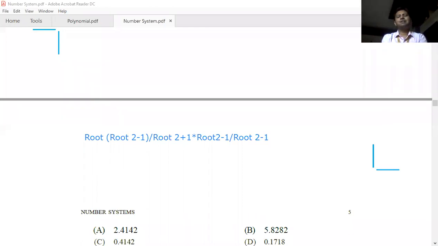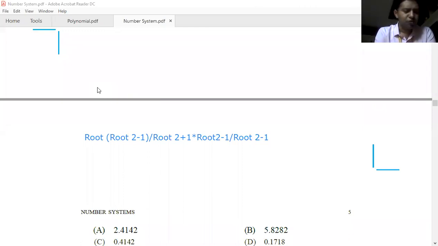If I rationalize the denominator here, multiplying by root 2 minus 1, in the numerator we'll have root 2 square minus 1, whereas in the denominator we'll have root 2 plus 1 into root 2 minus 1. D is not the right answer, as some of you wrote in the chat box.